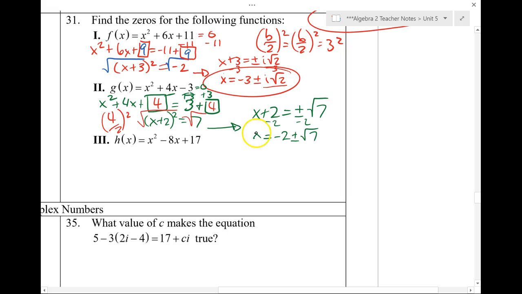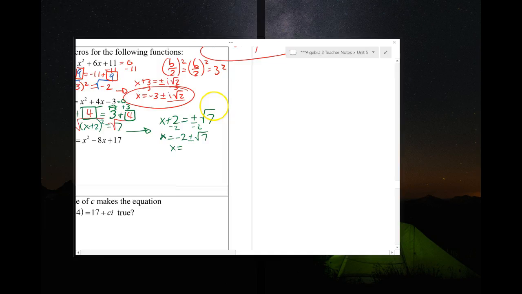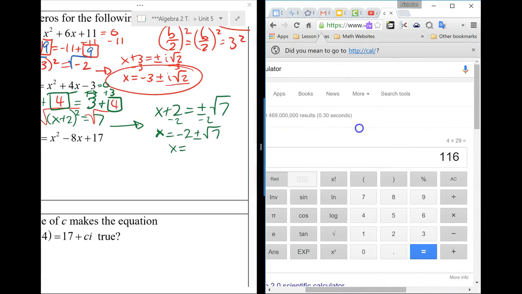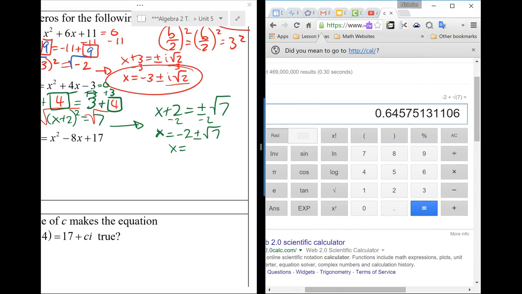Now this is a case where, let's go ahead and get the decimal of that answer. We'll do negative 2 plus square root of 7 equals, okay, point.